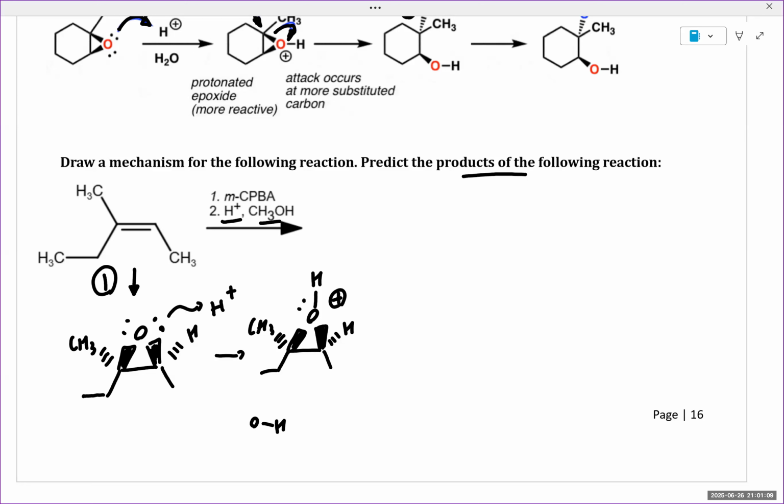From here, our nucleophile, which is methanol, is going to attack and open the epoxide from the opposite face. That in turn generates the following epoxide opening product.